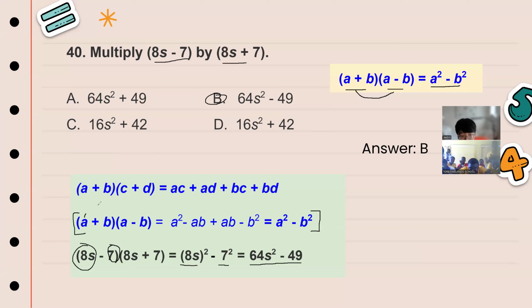Because you're multiplying this one first, and then this one second, multiplying this one, and this one, right? But the middle terms, AB, cancel because it's subtracting and adding. So we get A squared minus B squared. That's how you solve this problem.